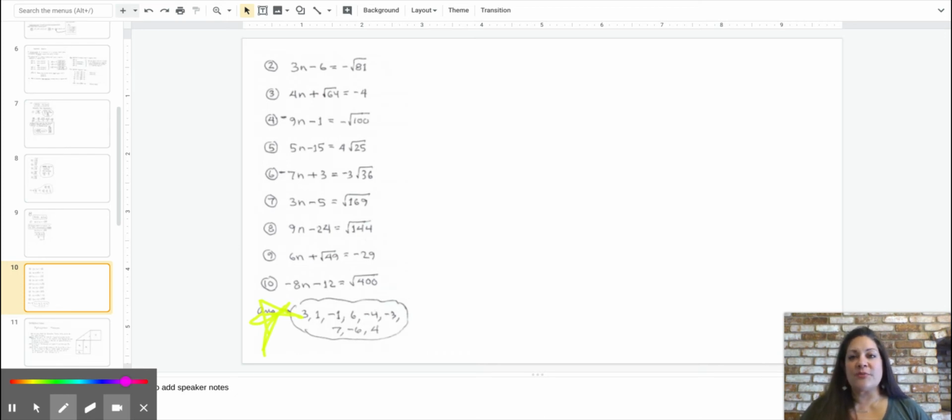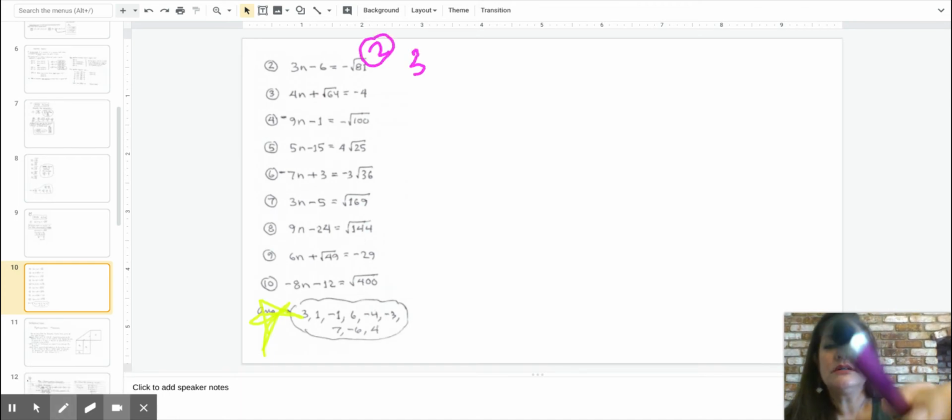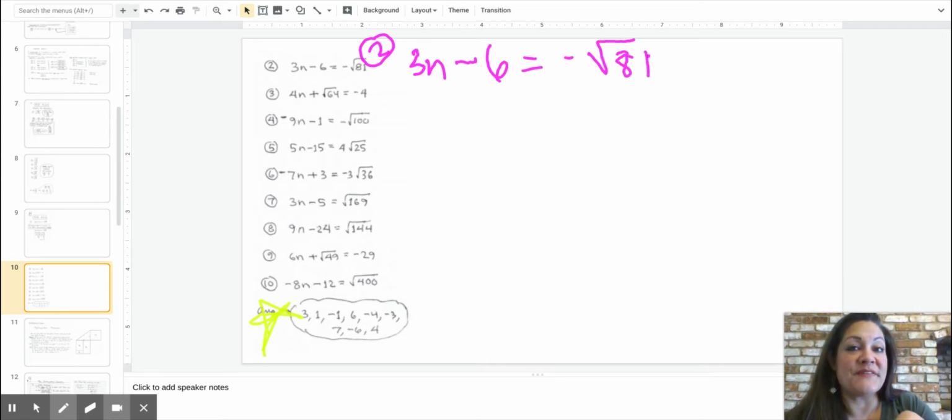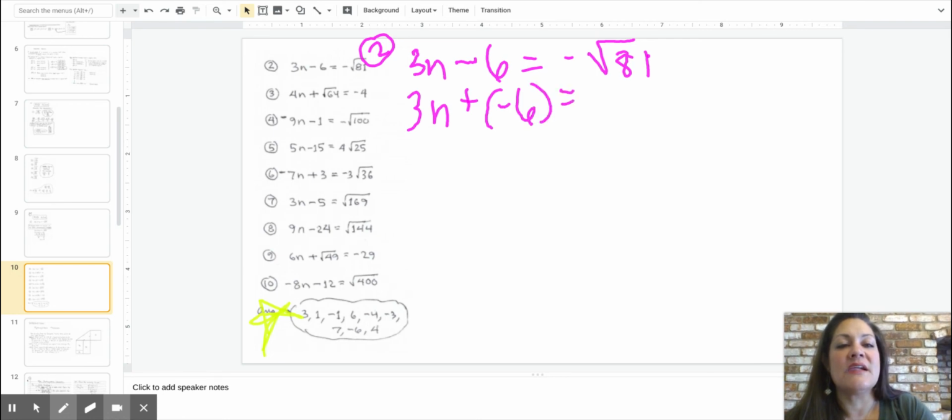Number 2, 3n minus 6 equals negative 81. 3n, this is number 2. Look at my handwriting on these. All right, 3n, minus 6 equals negative square root of 81. I know the square root of 81 is 9. So 3n, I'm going to add the opposite, switch that right there, equals negative 9.